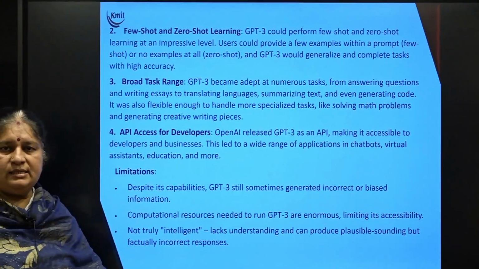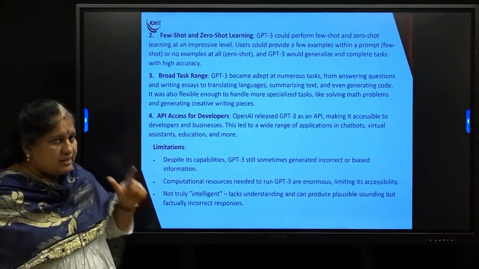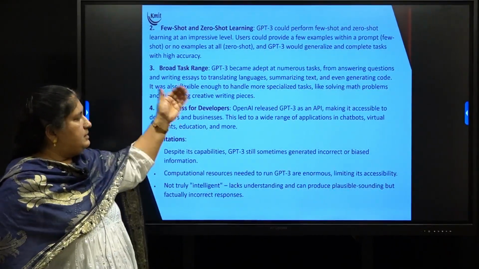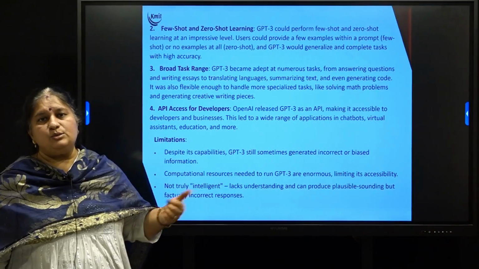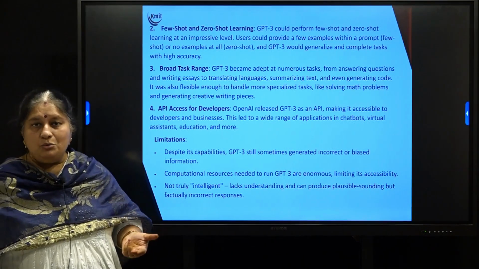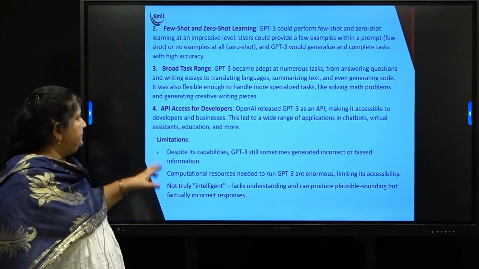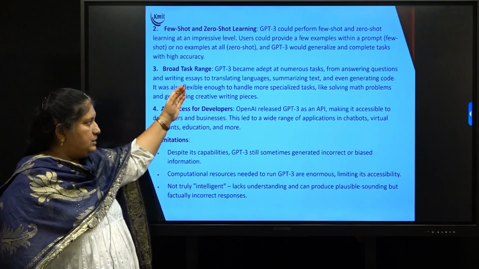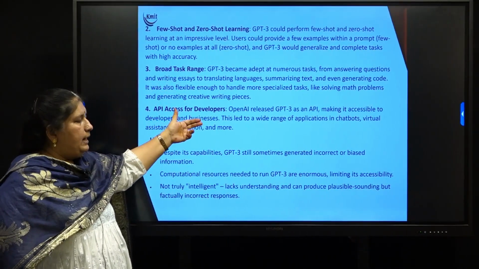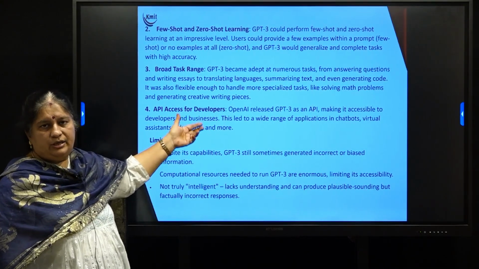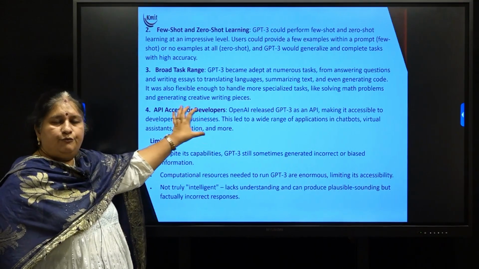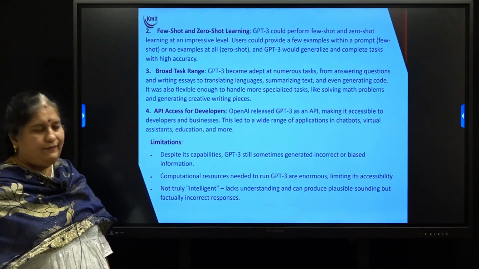It can summarize text, it can translate sentences from one language to another, and sometimes it can generate code also. That is where students are taking benefit of GPT-3, wherein it is generating programming code also. API access: as I told, the moment you work with generating code, an entire chatbot application can be generated using GPT-3 models. So, various applications are there for which the APIs are already available.